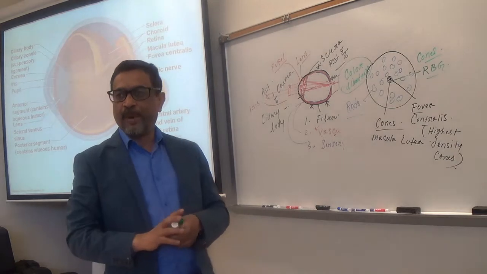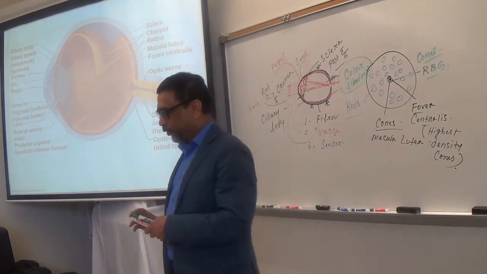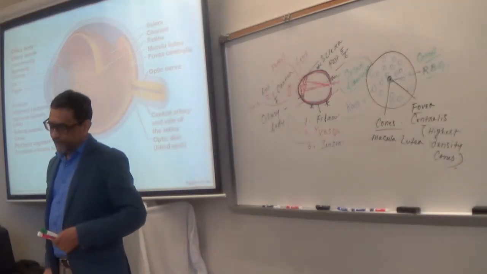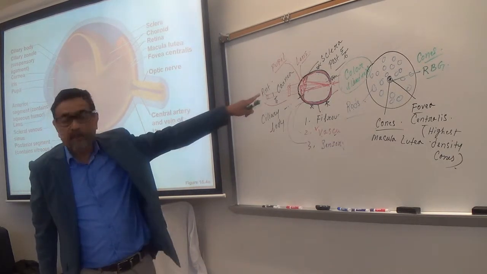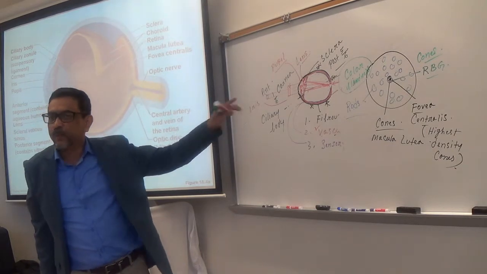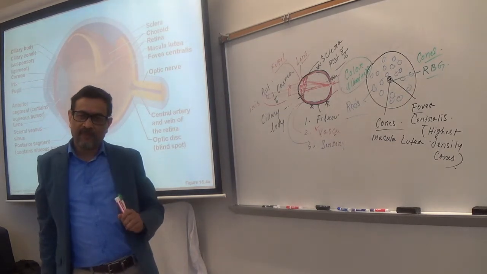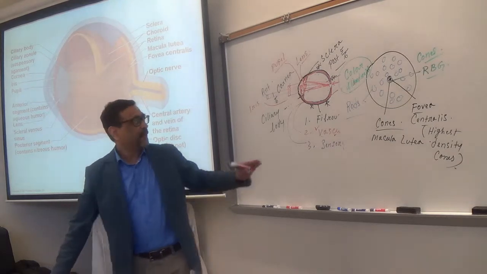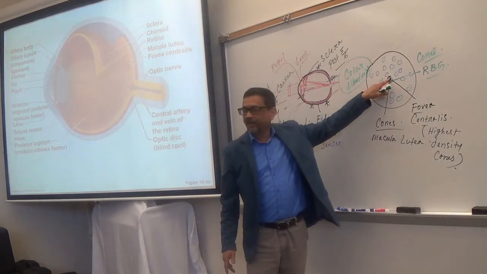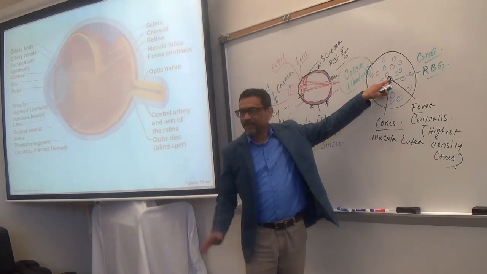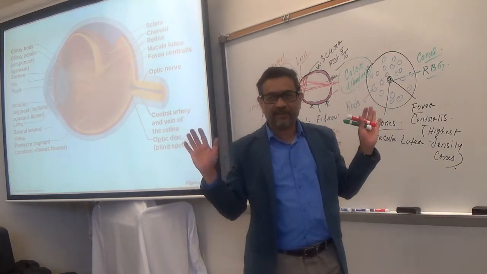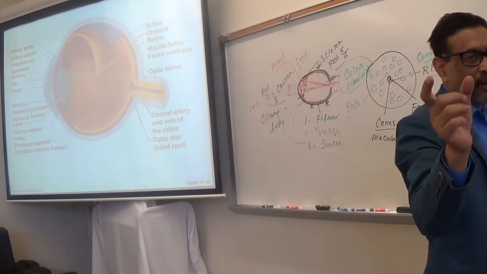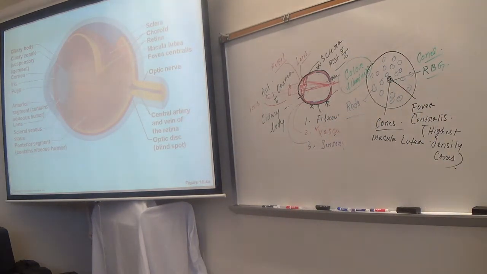It comes from the parents, in most cases, and depending on which type of cones are absent, we give the name. If someone has red cones absent, right, green and blue are there, we'll say red color blindness. Make sense? So depending on which type of cones are absent, that's the deficiency.